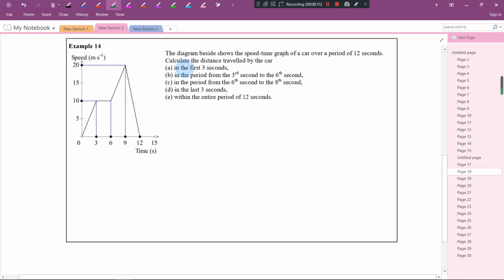Okay, we look at A first. In the first 3 seconds, it will be over here. We want to find the distance traveled, which is the area under the graph for this part. So this is a triangle. If you want to find the area, easy, always start with 1/2.